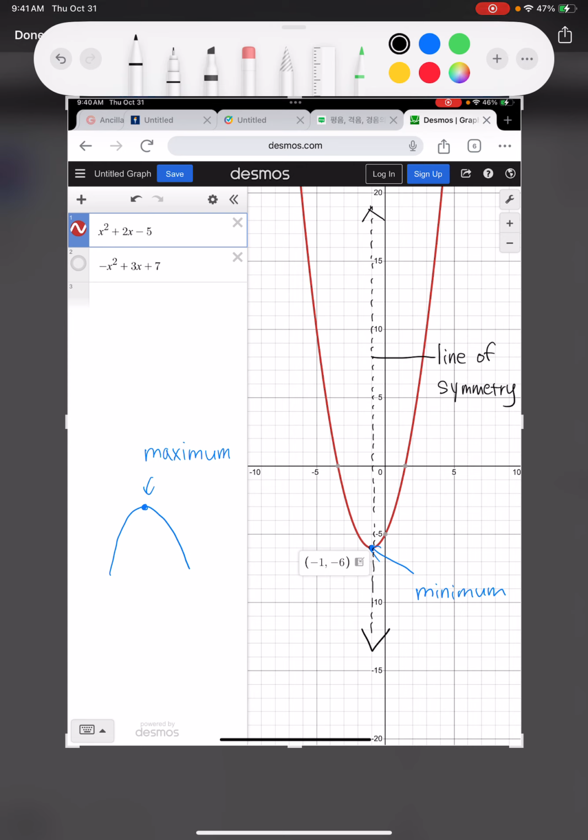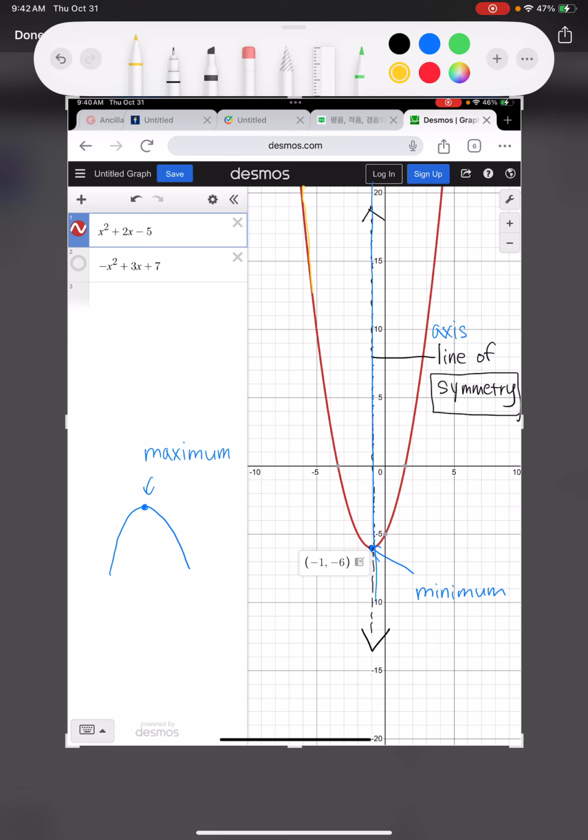So as the vocabulary explains itself, symmetry, the line of symmetry or axis of symmetry, using this line, if you fold your graph vertically, it's gonna be exactly the same shape.